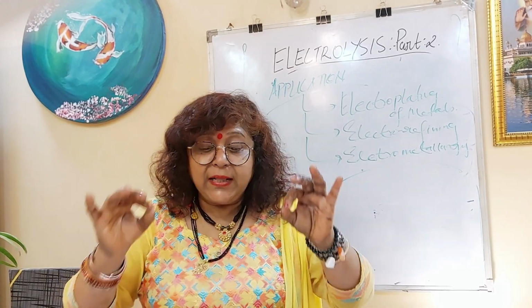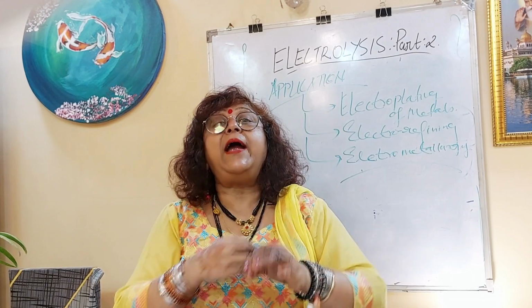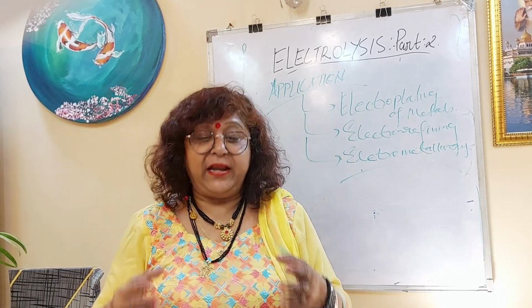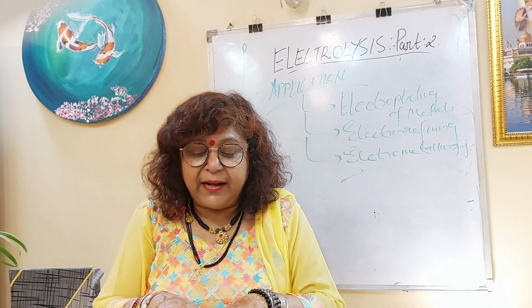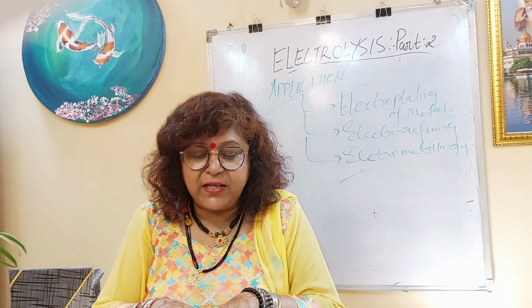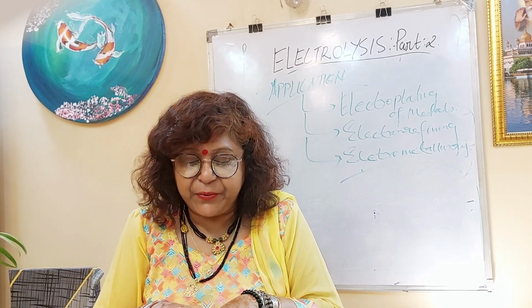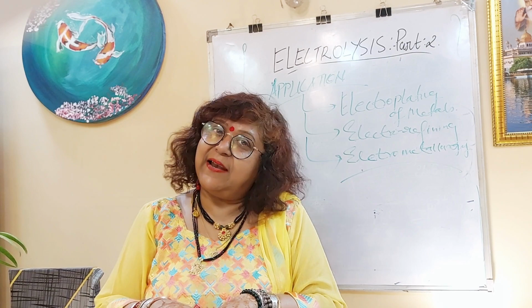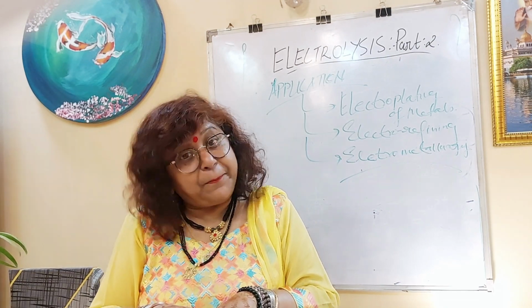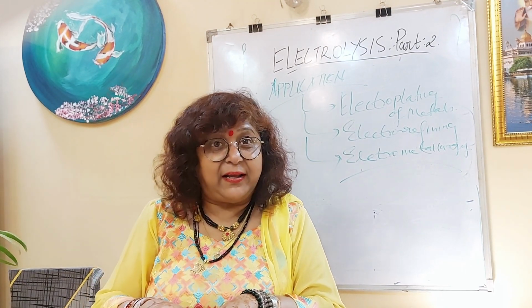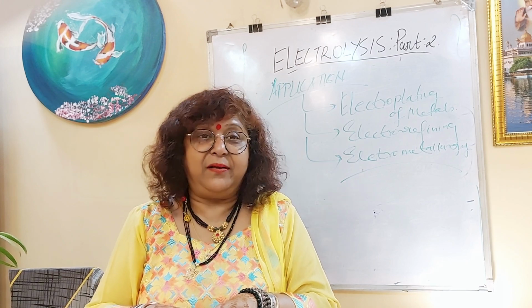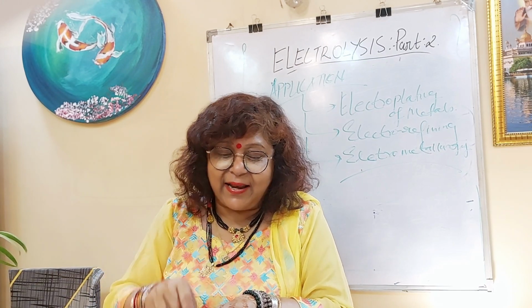So now, what are the conditions which are required to maintain electroplating? First point you should write is the article to be electroplated is always made the cathode, as I told you now. Since the metal is deposited at the cathode, the metal to be plated on the article is always made the anode. So you have to underline these key lines of your exam.